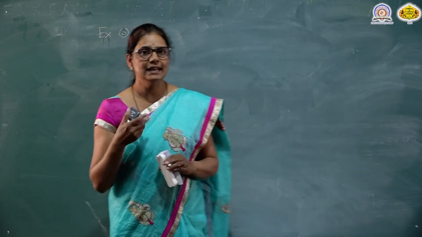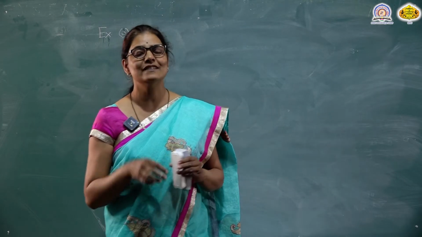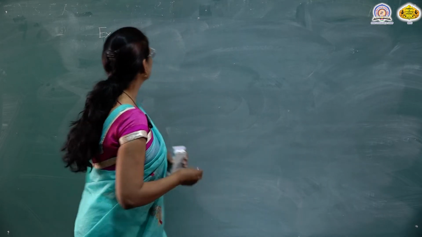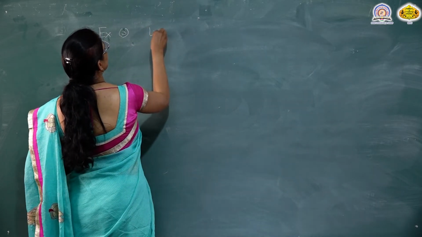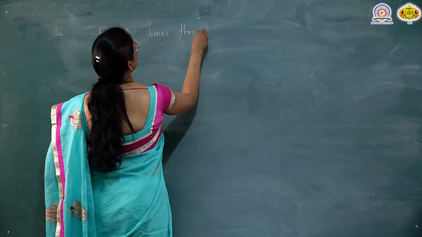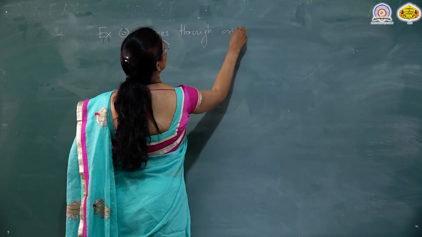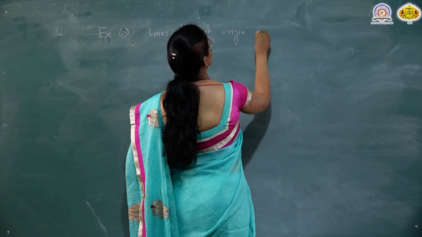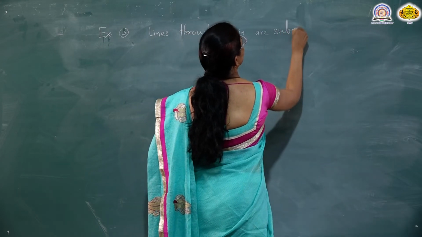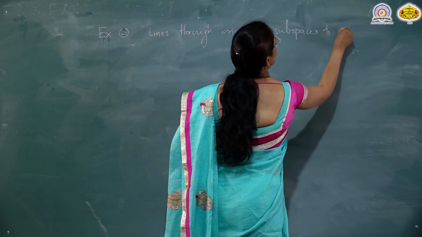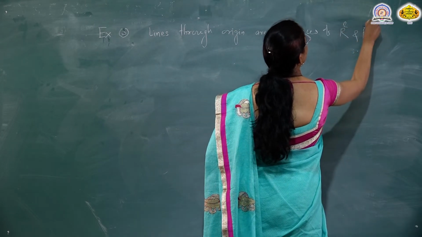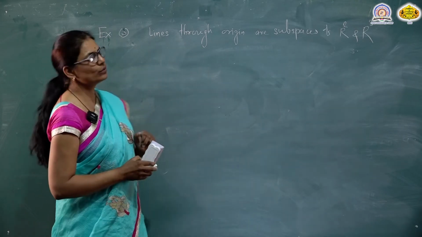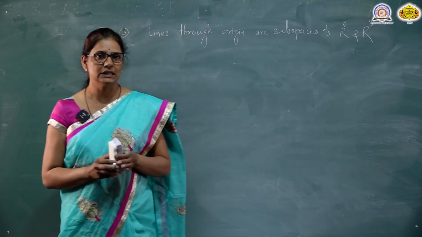any line passing through the origin is always a subspace of R2 as well as R3.